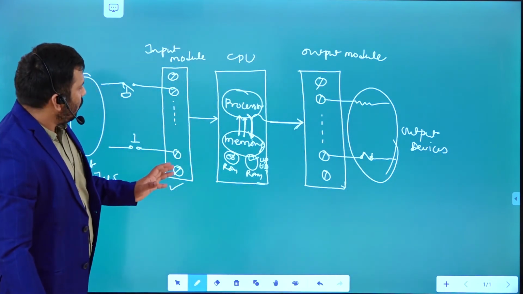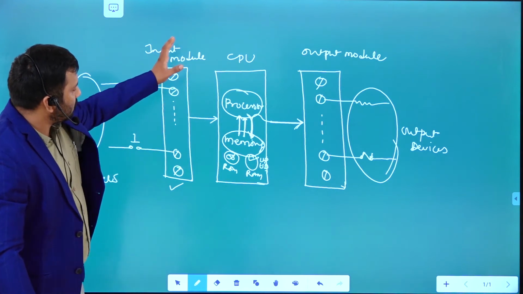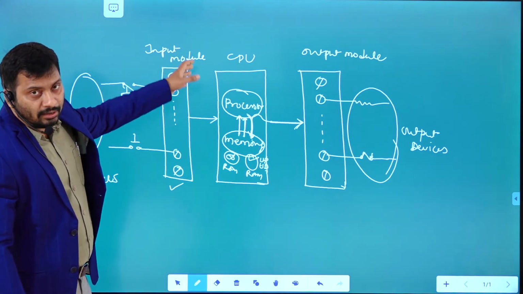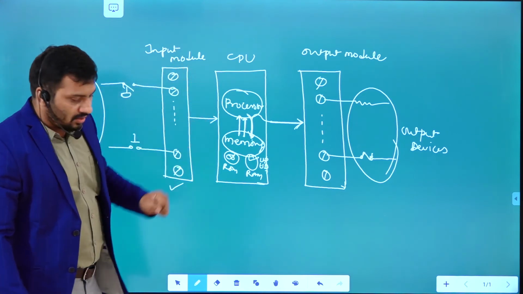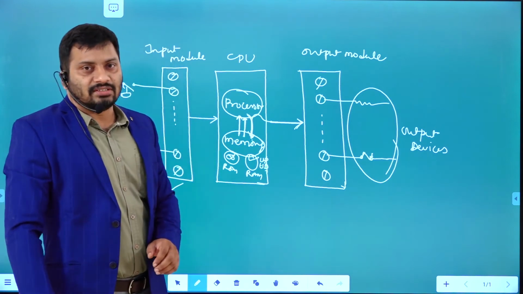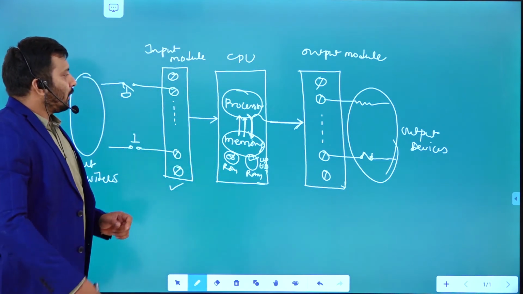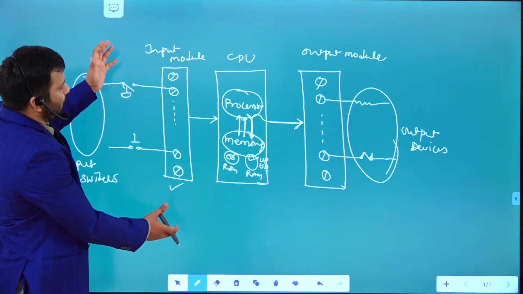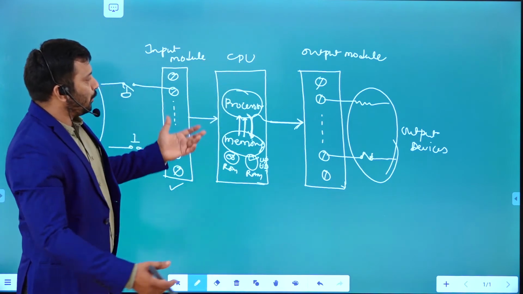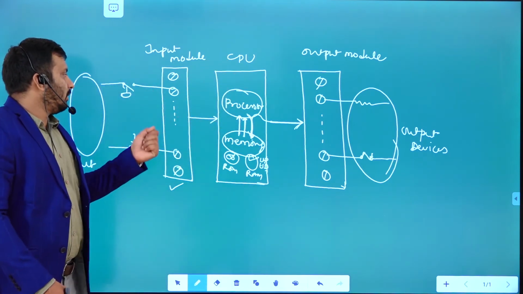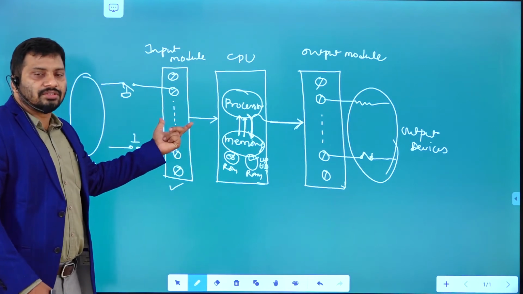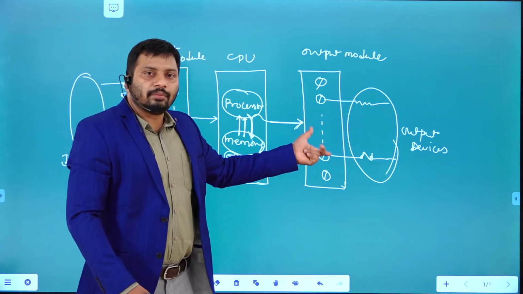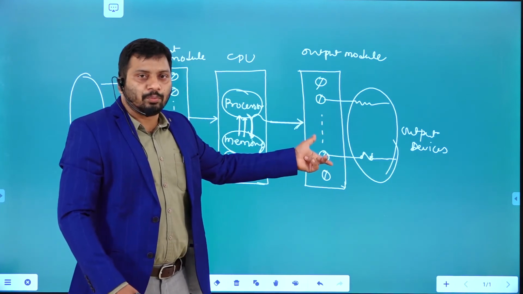This is everything we have, along with the program monitor and power supply. All these modules are physical devices. Now you can connect them based on the application. For a small application, go for a 4 terminal input and output module; for a slightly bigger application, go for 16 terminals. If the application is complex, we can go for a 32 terminal output module.